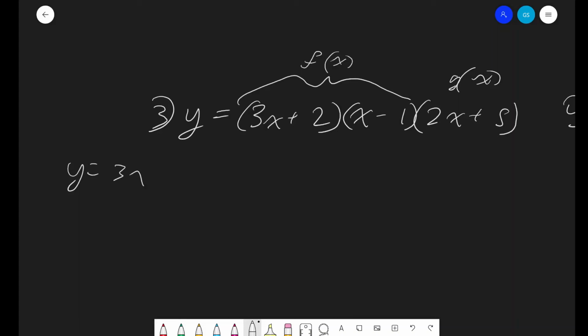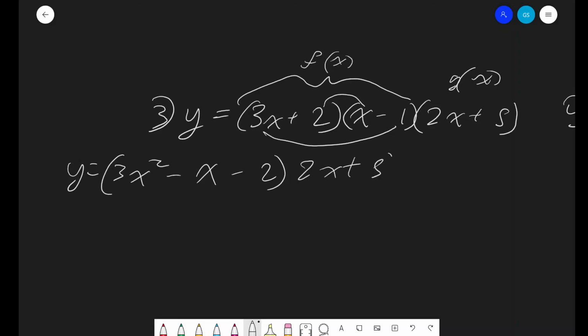That's 3x squared. 3x times the negative 1 is negative 3x plus the 2x, that's just minus x, right? 2 times negative 1 is negative 2. 3x squared minus x minus 2, and then we have 2x plus 5. Now we can start differentiating. So this first term, I'm going to differentiate, right?